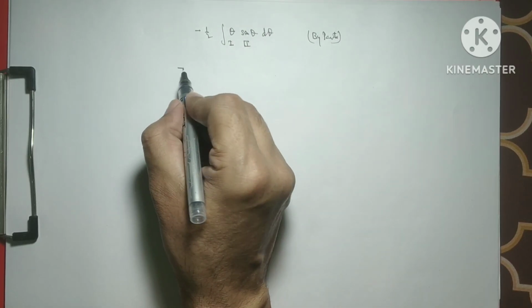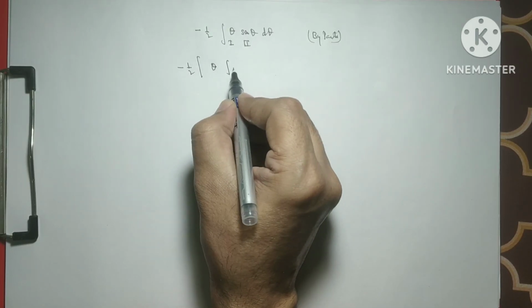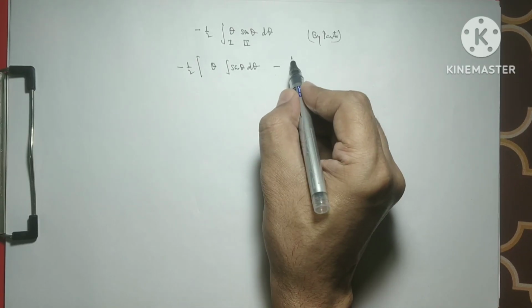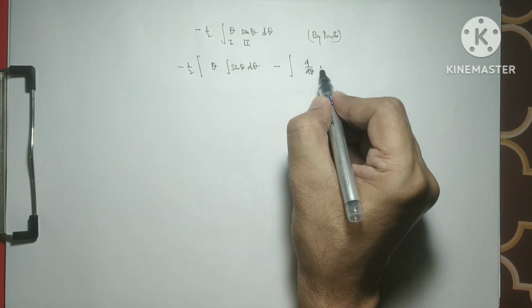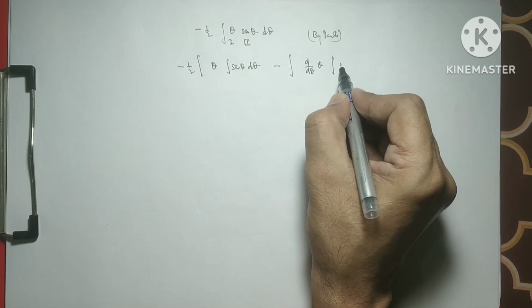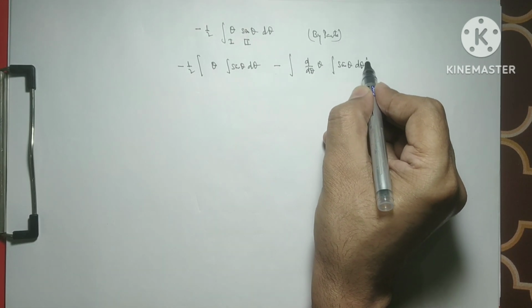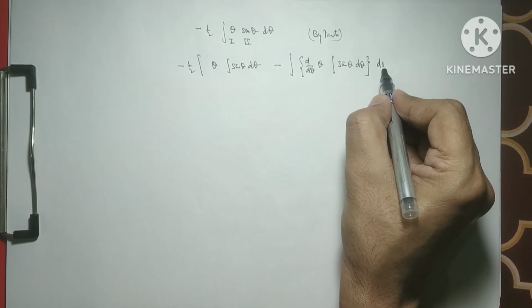So according to by parts, first function as it is, we integrate the second function, minus the differentiation of the first function and the integration of the second, and we integrate again.